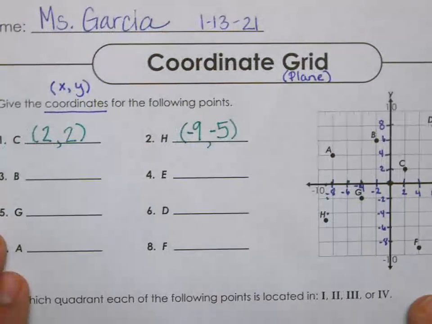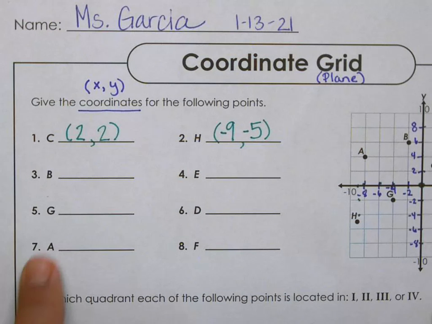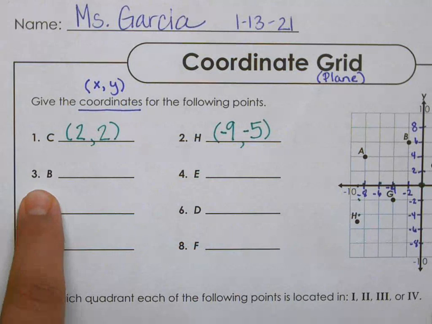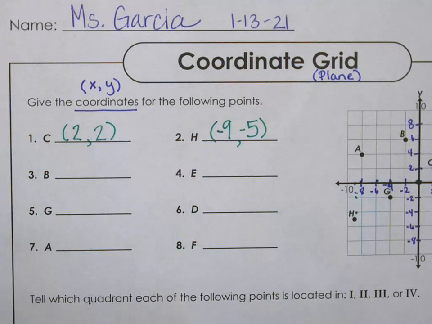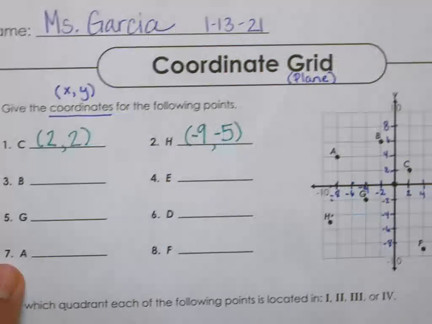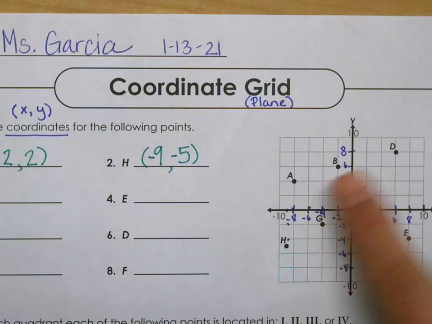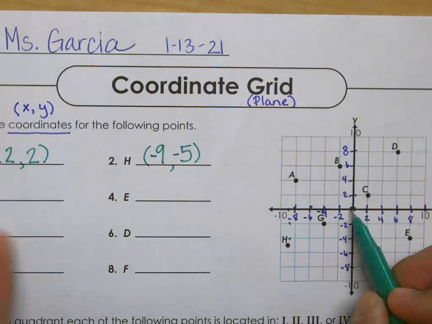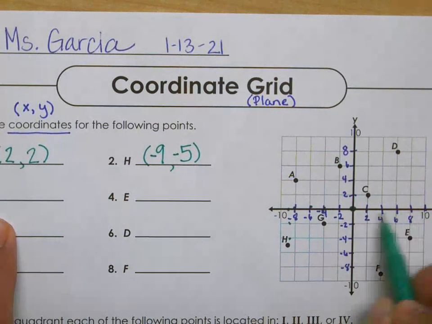Okay, let's just do a couple more here and then we'll move on to the next section. So for problem number 3, we are looking at point B as in boy. So I'm going to look at my graph here and look at where I can find point B. Here I have it right up here in quadrant 2. And again, I'm going to start with my x-axis first.